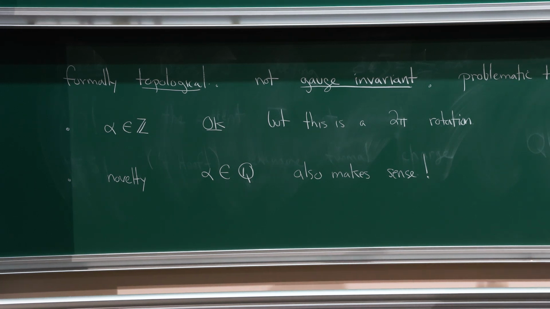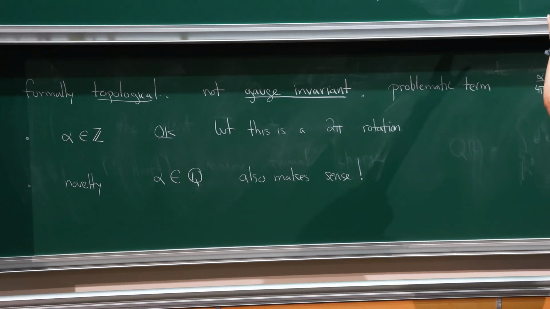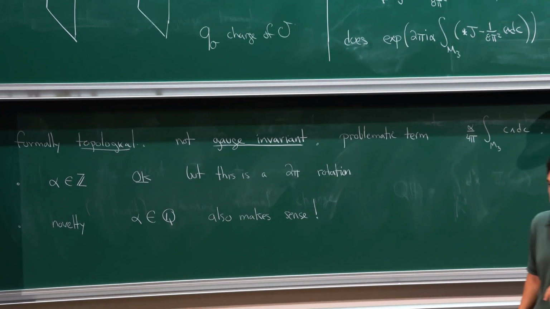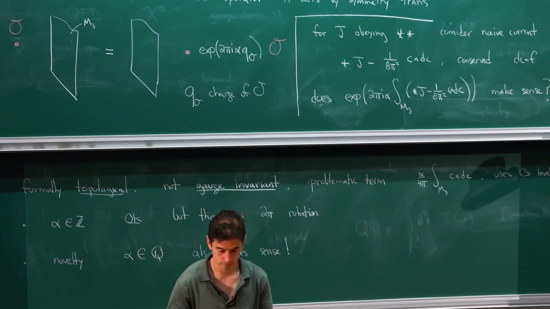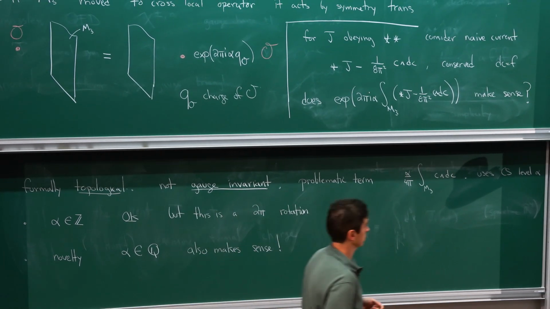But from the viewpoint of constructing an operator, this is the key insight, that we will be able to make sense of this expression somehow when alpha is a rational number. Questions?